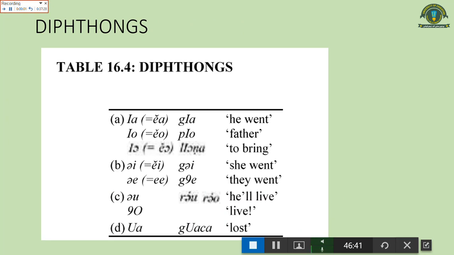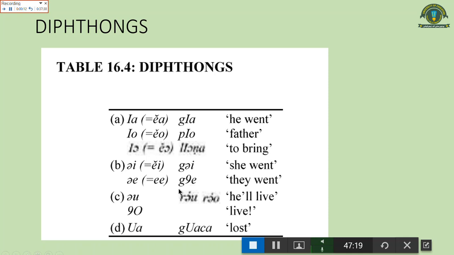Now here are the diphthongs in Punjabi, like ai as in gear, like he went, eo as in pio, as in father, or eo as in leona, for example, to bring, and then it's ai as in gai, and so this is shua, because it has been taken from a very old book.